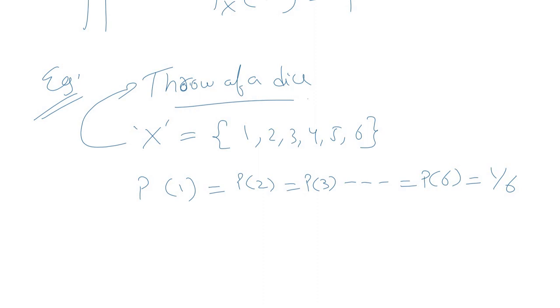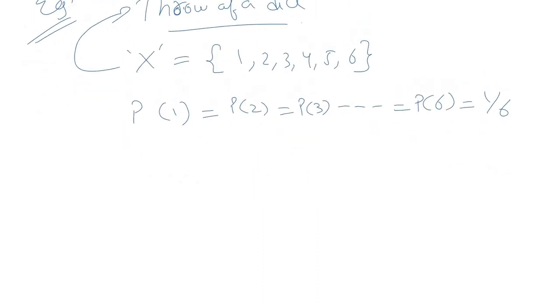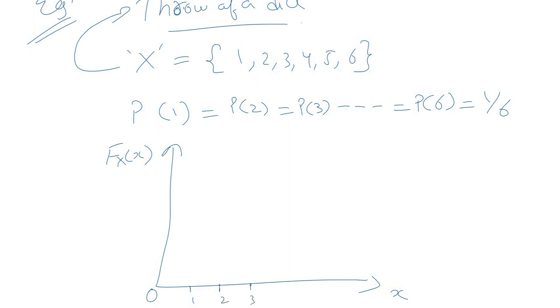So if we try to plot the CDF of this random variable which represents the throw of a dice, the axis is marked 0, 1, 2, 3, 4, 5, 6, 7, and the values 1 by 6, 2 by 6, 3 by 6, 4 by 6, 5 by 6, 6 by 6.